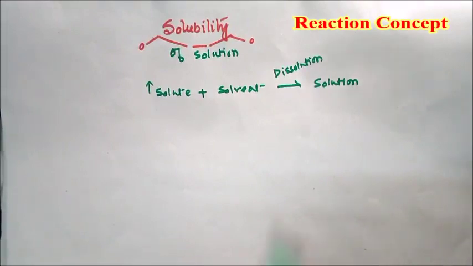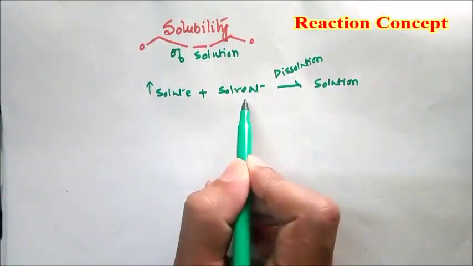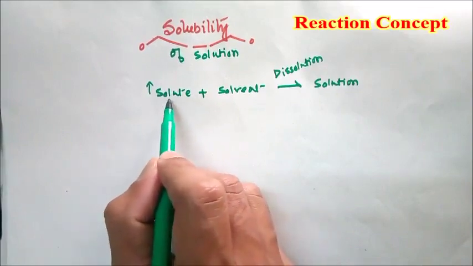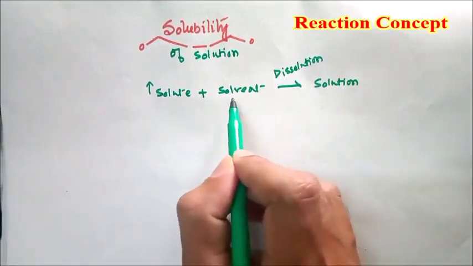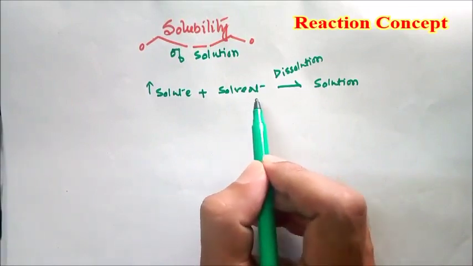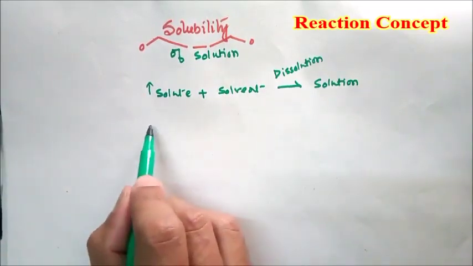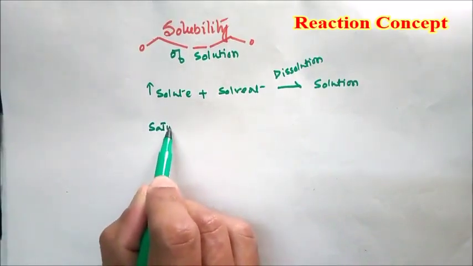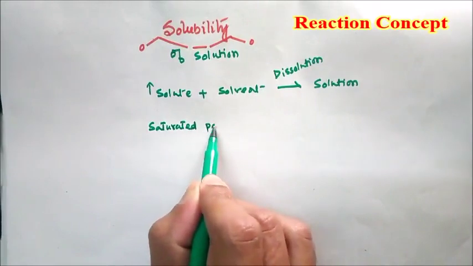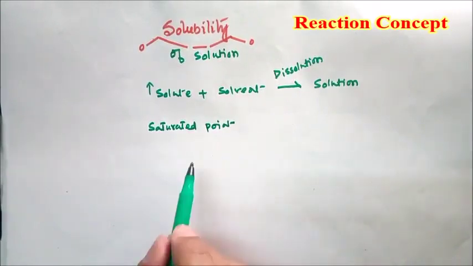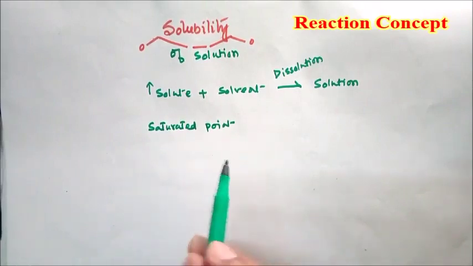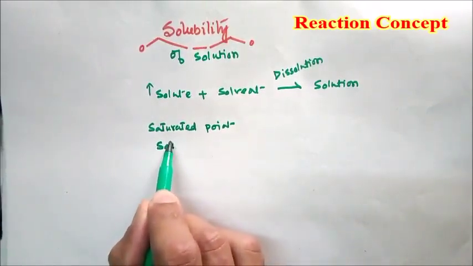If we increase the amount of solute in a solvent, then a stage will be attained where the solute particles will not dissolve in the solvent. This point is called the saturation point of a solution, and the solution at this point is called a saturated solution.